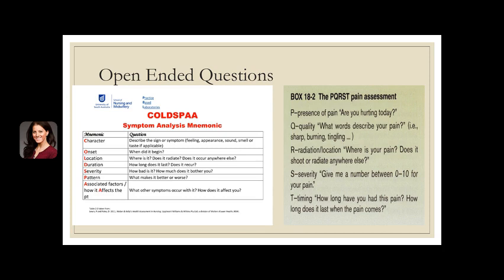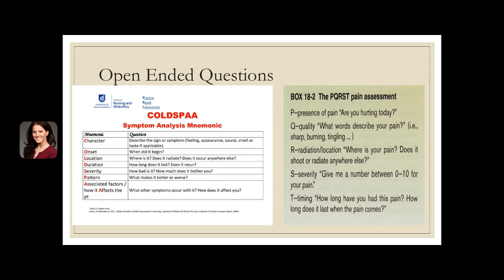Whichever one you want to use is completely up to you. Just remember, these types of questions help to gain more information about a specific complaint. So I'll always say in class, and you're always going to hear me, did you COLD SPA the question? If they complain of a specific thing, get more information. Be the investigator of that specific complaint.